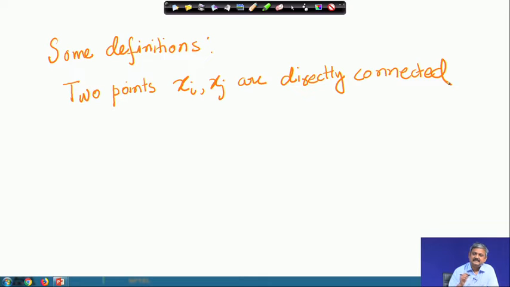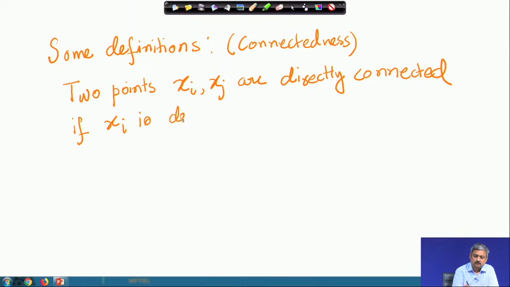So, these definitions: density is one concept, core thing, another concept is connectedness. xi is dense, there are more than min PTS points in a neighborhood of xi of radius epsilon.